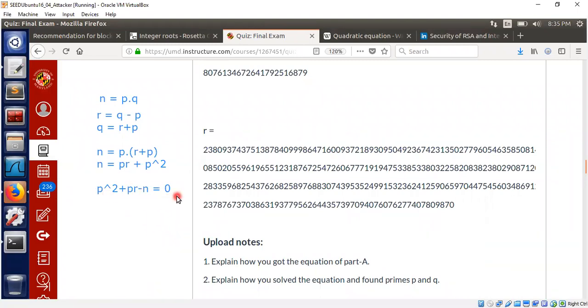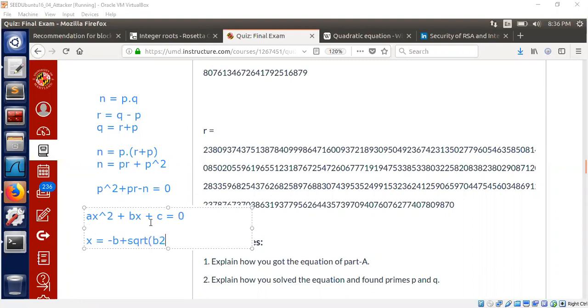And this is a beautiful quadratic equation that we are all familiar with. So how do we solve a quadratic equation? If we have an equation like ax square plus bx plus c is equal to 0, the roots are minus b plus or minus square root of b square minus 4ac, over 2a.